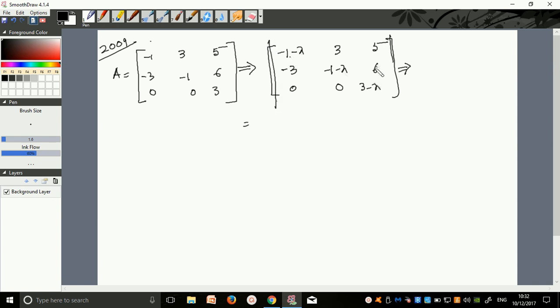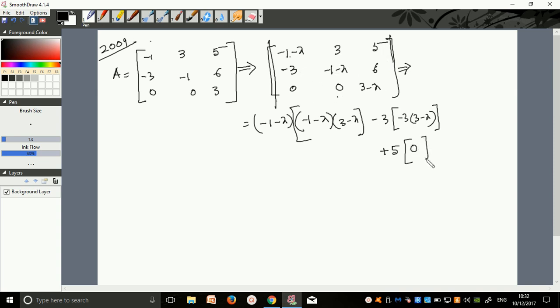So this into this into this, minus this. You are tempted to think in this way. We will multiply minus 6 into 0, minus 3 into this into this, 6 into 0, 0 again, plus 5 into this into this into this, so altogether 0.